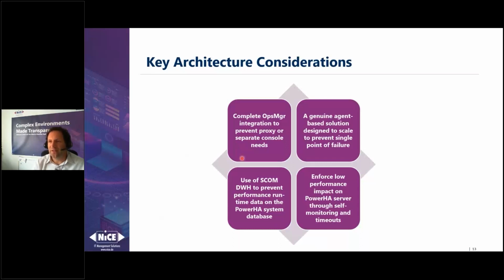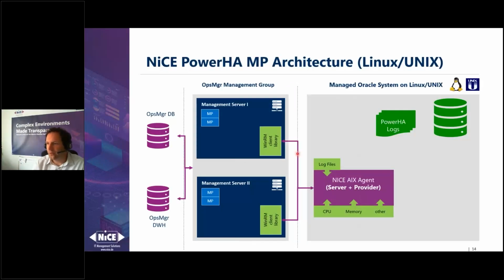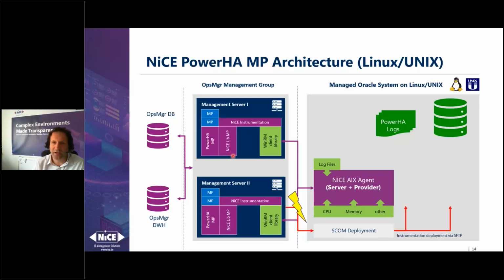Next, the architecture for PowerHA is very similar to all the other management packs. We have the NiCE AIX agent, or you could also use the Microsoft AIX agent, and then we import the management packs. From there, we have the instrumentation again.